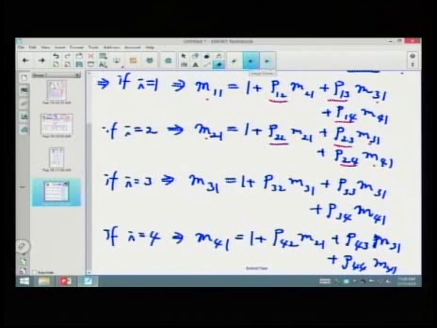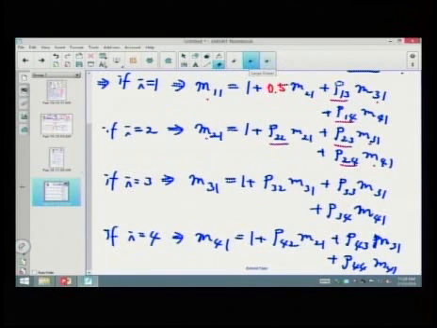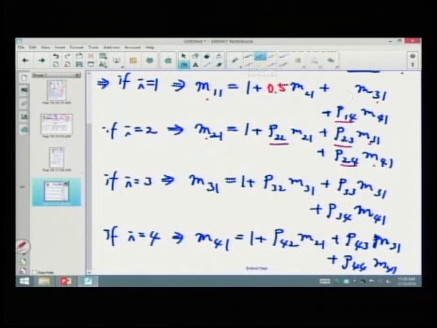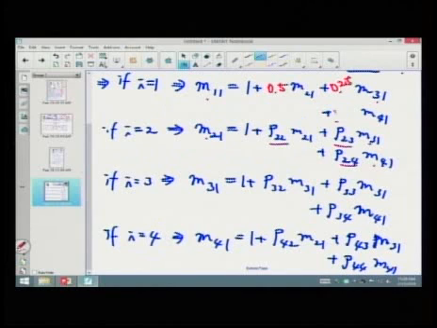So if you use the real values for those p's, then what do you have? Instead of p12, what you have is 0.5, right? And instead of p13, we have 0.25. Instead of p14, we have 0.25.